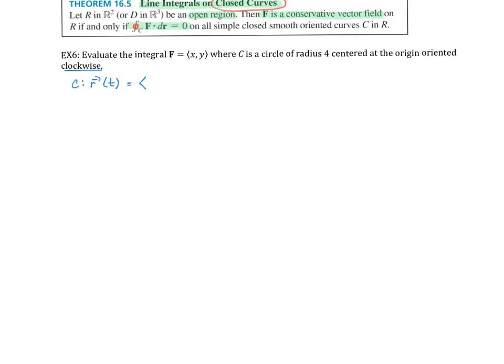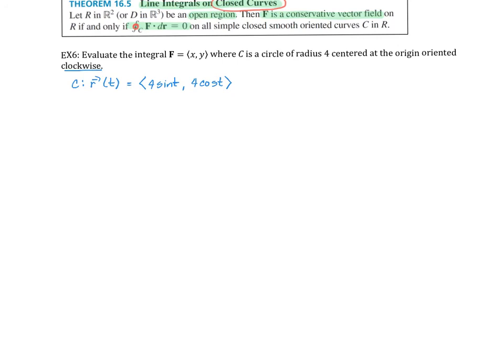So usually our circles go counterclockwise and it's a cosine, sine. So if you wanted to change the direction, one way we could do that is to exchange sine and cosine and write this as 4 sine, 4 cosine. And that would change the direction from counterclockwise to clockwise.